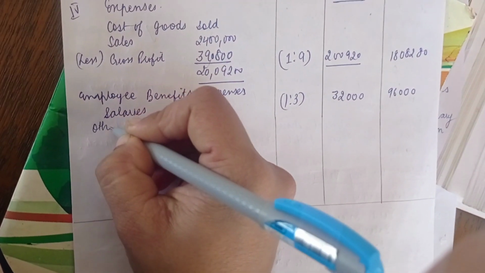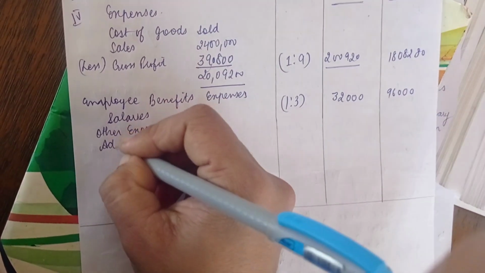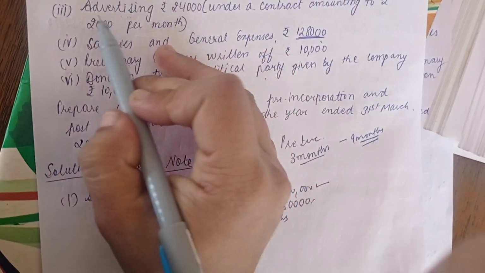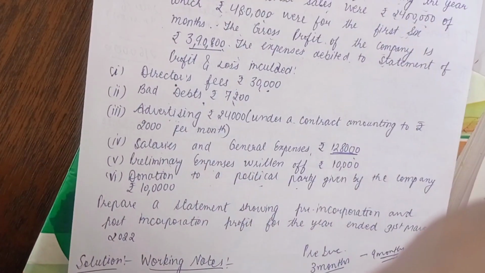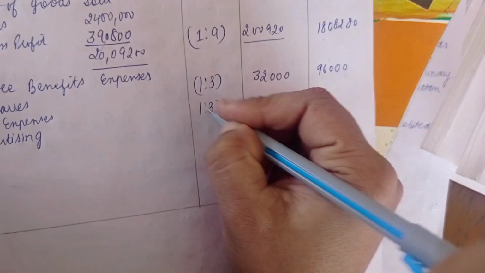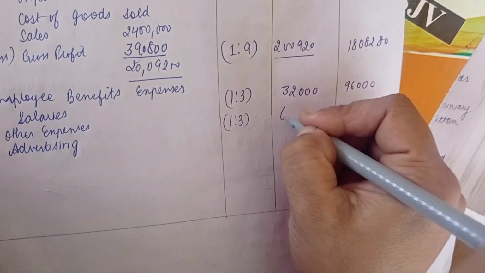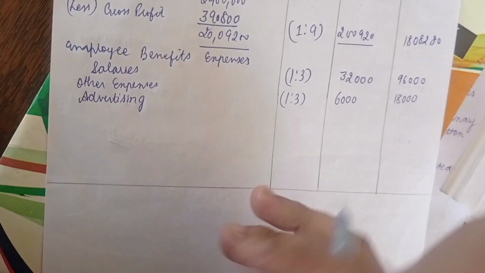Now other expenses, advertising. As we discussed earlier, advertising is to be apportioned in the time ratio, that is 1:3. The amount will be 6,000 and 18,000 rupees.